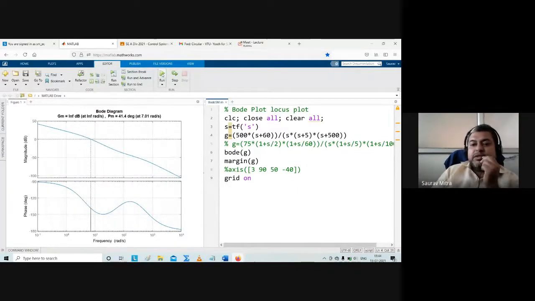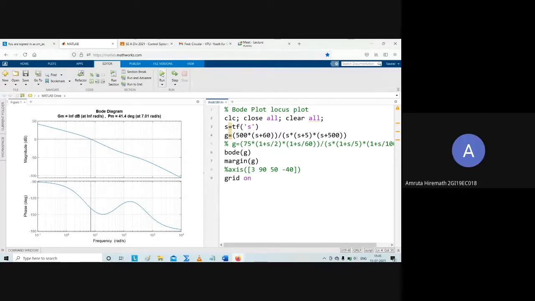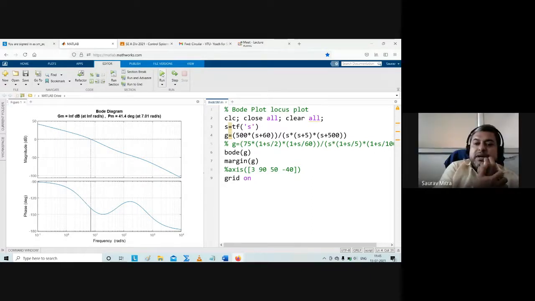Which pole is giving more stability? I will give you the case. Just now you have seen at 200, the phase margin was 30.6. At 500, the phase margin is 41.4. Which phase margin is more stable, 30.6 or 41.4? 41.4. Correct? So the higher the value of the pole, the more the stability we are getting.